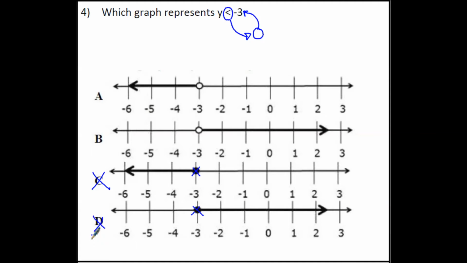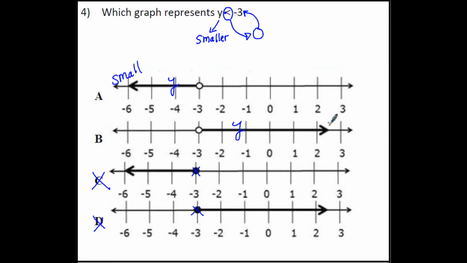D does not have an open circle on negative 3, so D is not a good choice either. Now, if we're looking at the inequality symbol, the smaller side is by y, so we're seeing that y is smaller than negative 3. So this y is pointing to the smaller side.